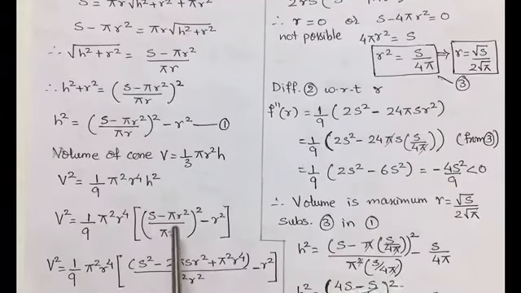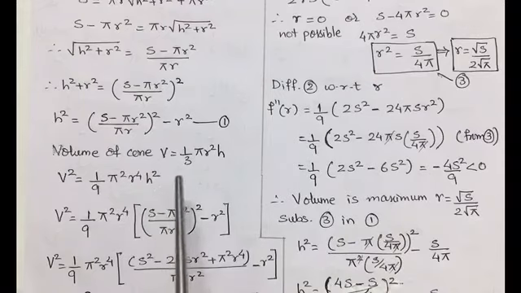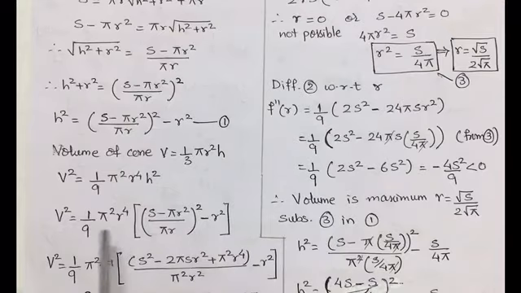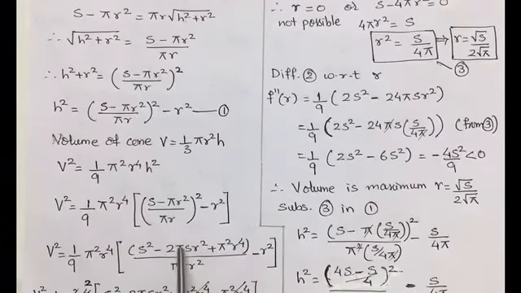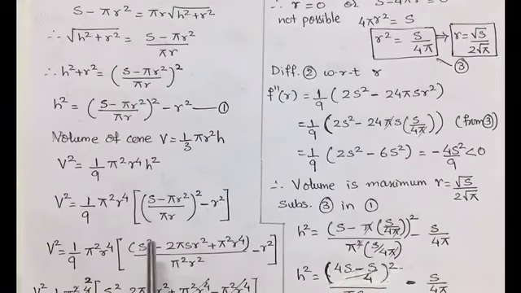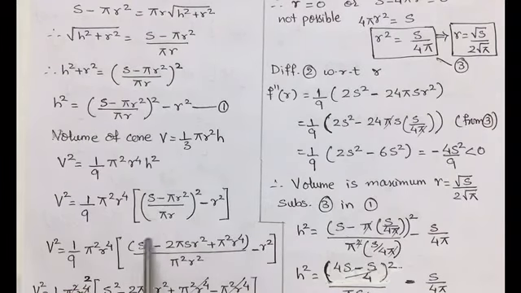Now in the place of h square, substituting from 1 the value, we get v square is equal to 1 by 9 pi square r raised to 4. Inside the bracket we get S minus pi r square upon pi r whole square minus r square. Now expanding the bracket, that is using a minus b whole square formula, and squaring even pi r, we get this statement.